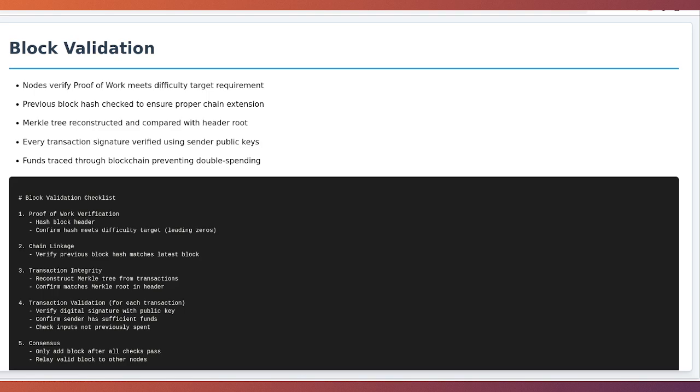They check that the sender actually has the funds being sent by tracing back through the blockchain to previous transactions. They verify that the same funds aren't being double spent, that these inputs haven't been used in any previous transaction.